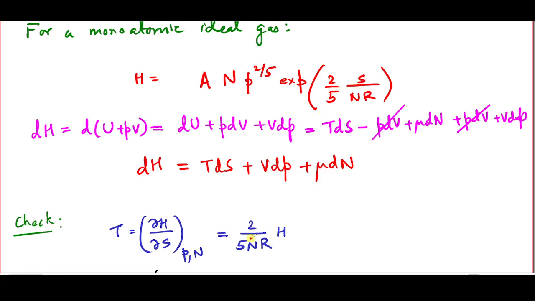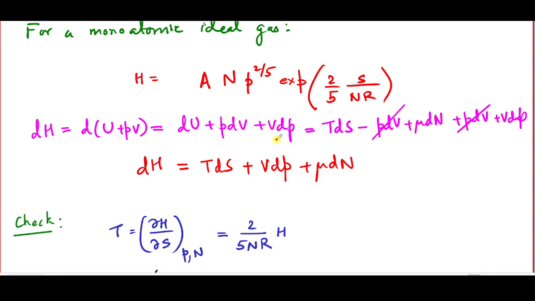It is simply going to be 2 by 5 nR times H. H, of course, is a function of S, P and N. So this whole expression is a function of S, P and N. But frankly, we don't really need to go any further and substitute this expression here for our purpose right now.